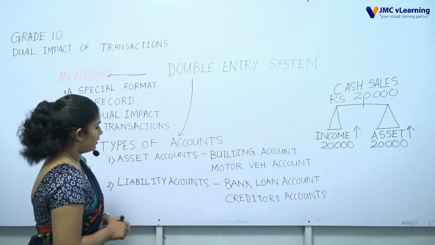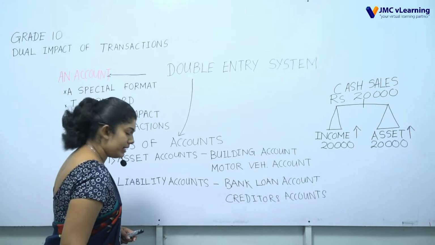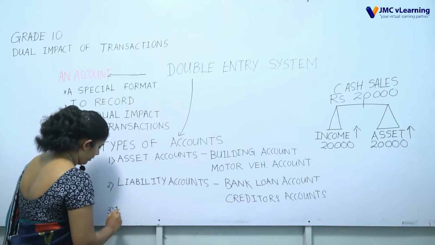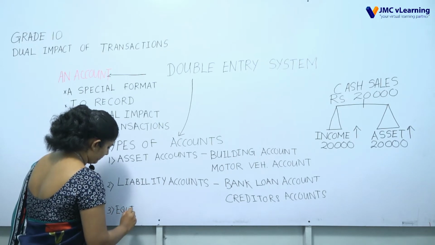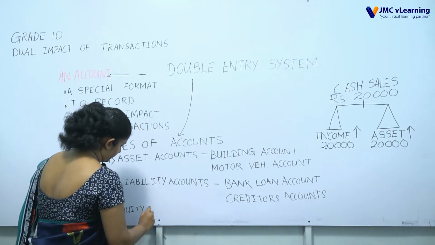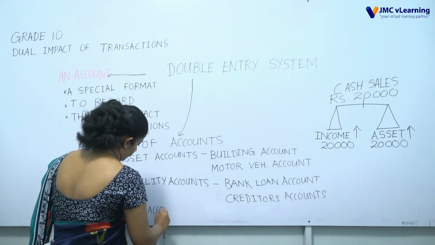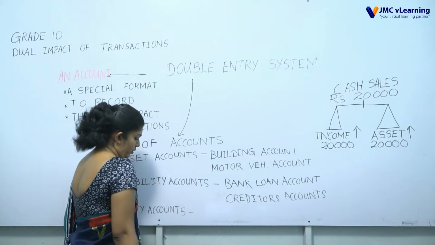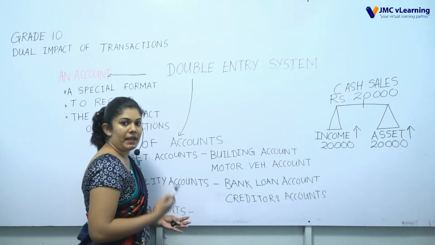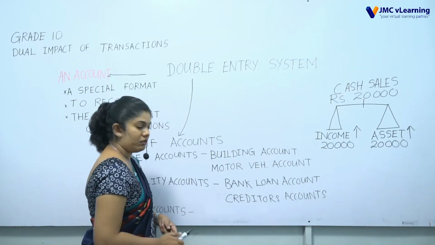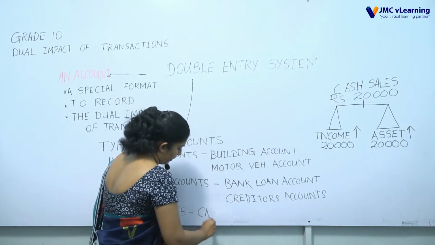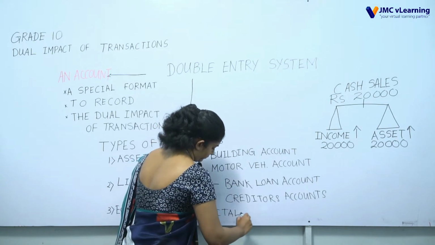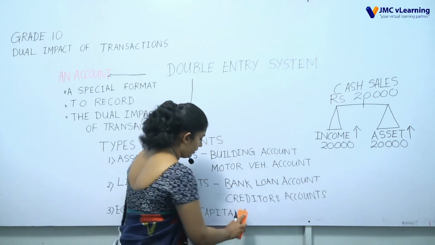And the third type of account is equity account. You are very familiar with the basic equity type of account. It is capital account.